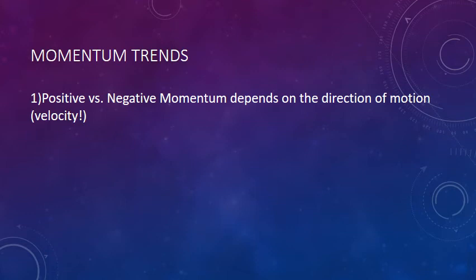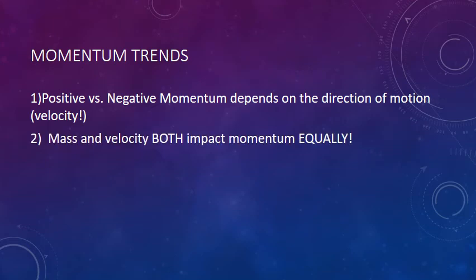And any object that has negative velocity, so it's moving in whatever direction you decide is backwards, is going to also have a negative momentum. Negative doesn't mean less momentum than positive. You can have a train that's moving at negative 10,000 meters per second, and that thing's going to have a heck of a lot of negative momentum compared to a tiny mouse that might be walking in the positive direction, which would have a very small amount of momentum. It just happens to be in the positive direction.